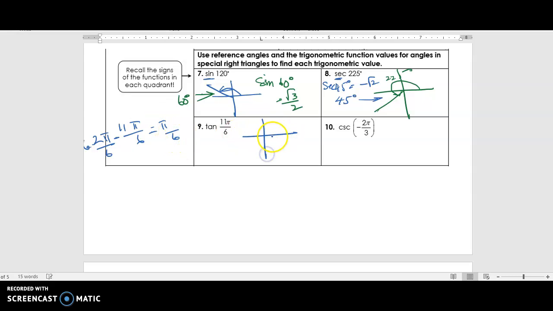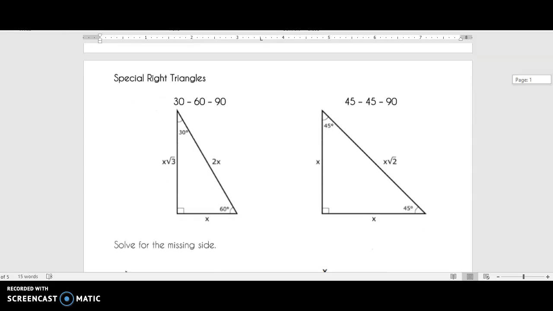So it is just short of 360 degrees by a 30-degree angle. This is 11 pi over 6, and this would be the reference angle, which is pi over 6. Just apply tan on it, the trig ratio for tan 30 degrees. So this is how these are worked through.